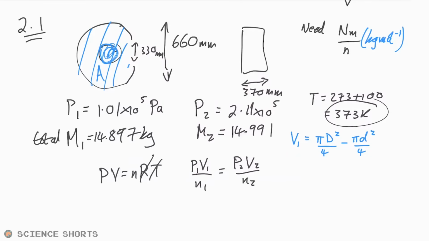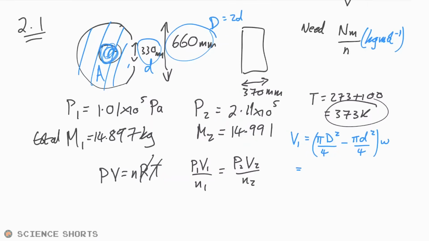And that's all then going to be times by the width. Can I put W there? So that's going to be, yeah, there we go. But actually we can see that our big diameter here is 2 lots of D. So I guess that could make things a little bit easier.